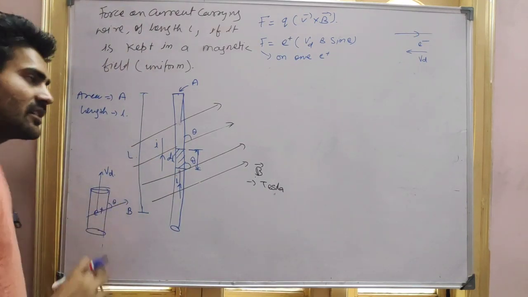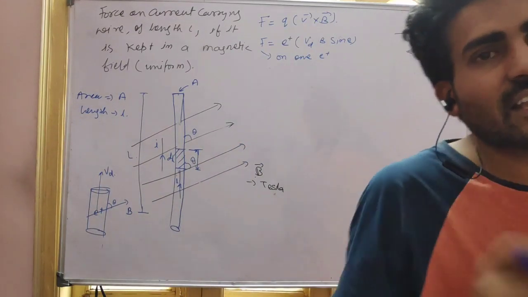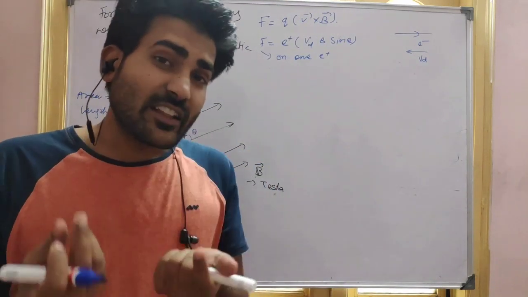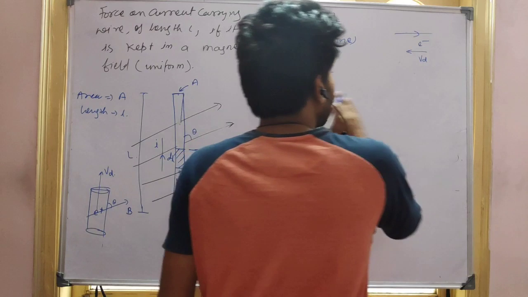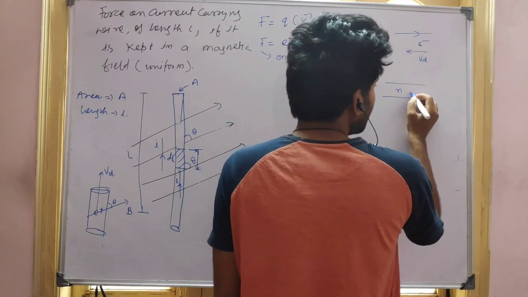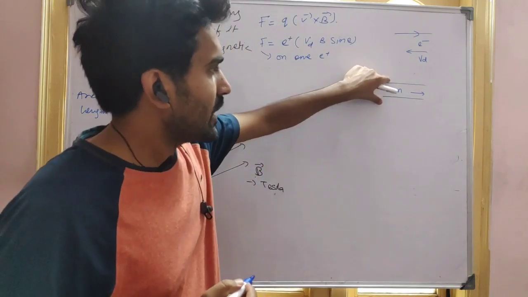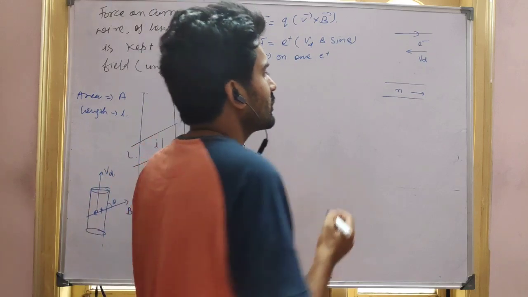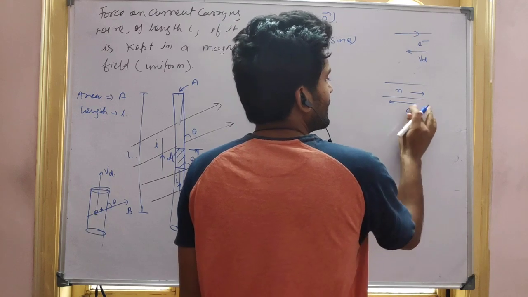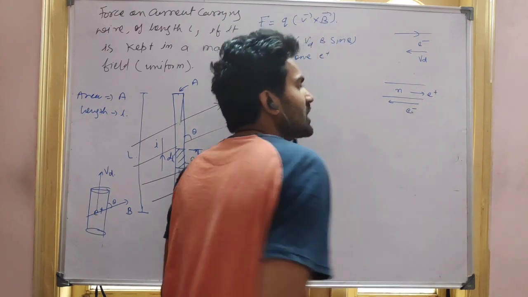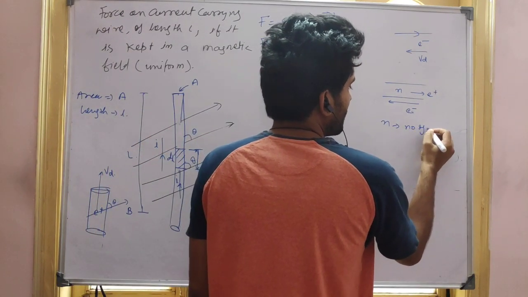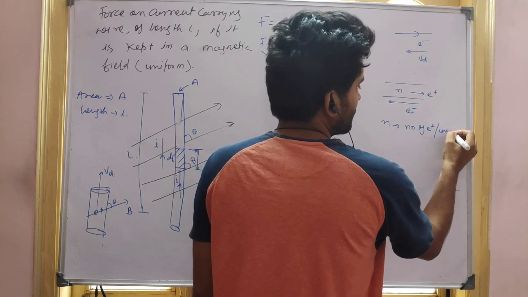But in this wire, it is not the case that there will be only one positron. Obviously there are many positrons here. So how will we find the number of positrons? Whenever we take a wire, n is the number of electrons flowing per unit volume. Electrons move in one direction, so the positrons move in the opposite direction. So n is the number of positrons per unit volume.